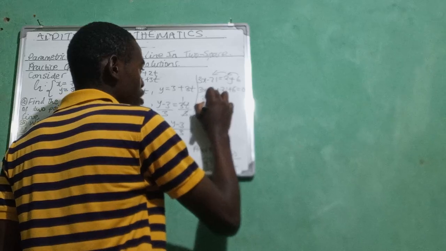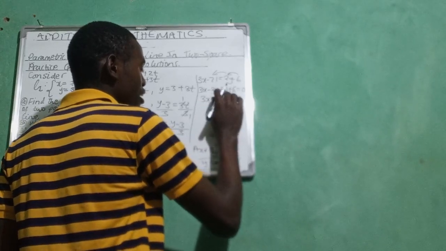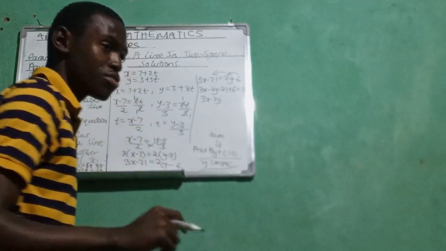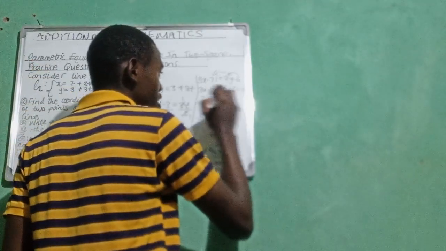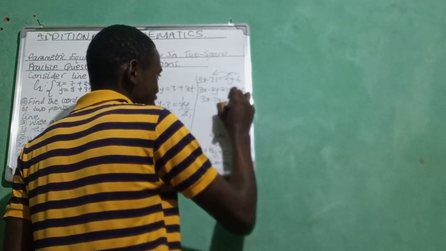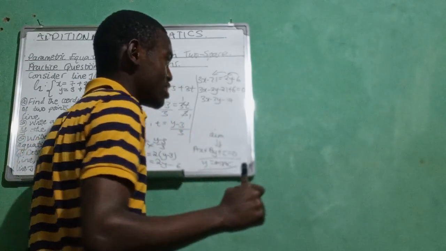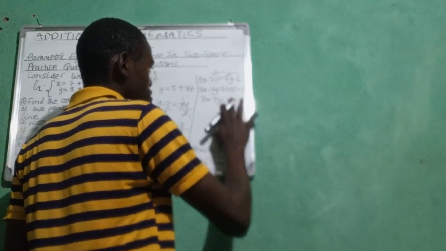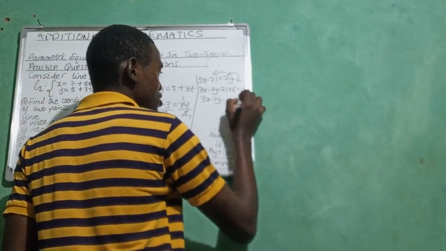Then here, 3x minus 2y, there are different signs, so what we do is we subtract and take the sign of the bigger number, which is a negative, and this will be 15 because we are subtracting a 6, is equal to 0.